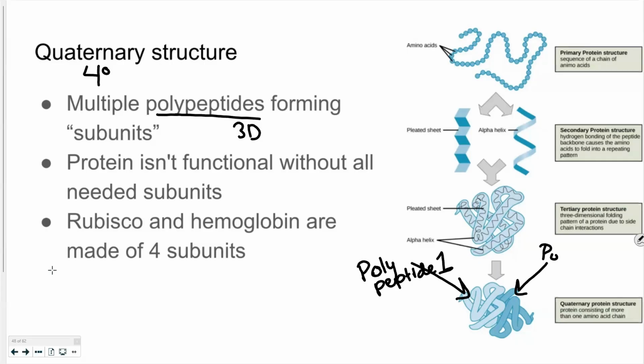This is another polypeptide. So on their own, polypeptide 1 and polypeptide 2 don't do a formal job, but when we link them together, then they can function. So remember that the enzyme Rubisco and hemoglobin both have multiple subunits, 4 or more subunits that are important to their structure and function.